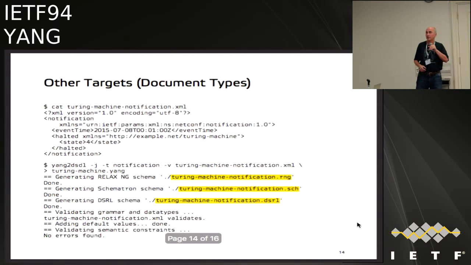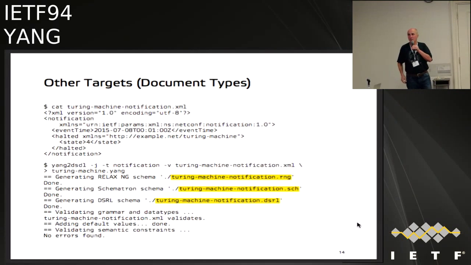For example, a notification for the Turing machine can look like this. And we can validate this XML instance document in the same way, just using another target that's indicated with a -t parameter, and it says that the schema should be for notification this time.